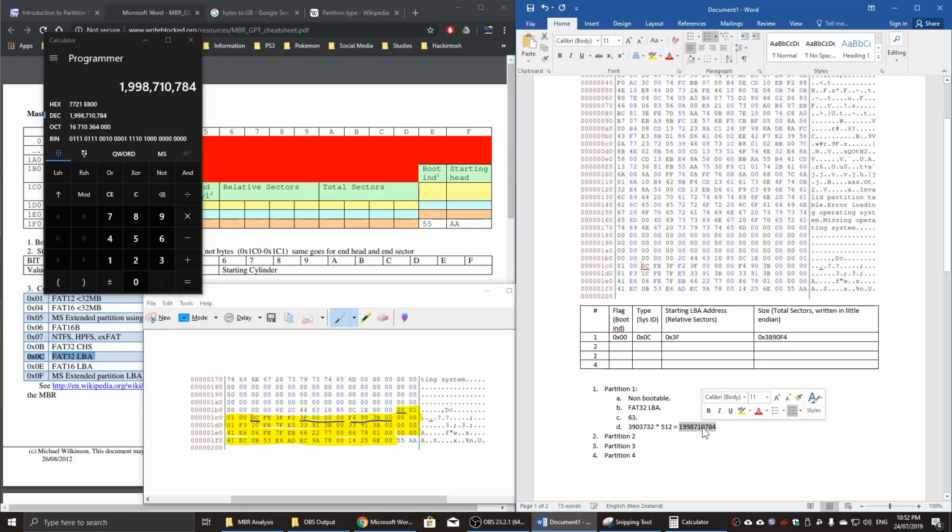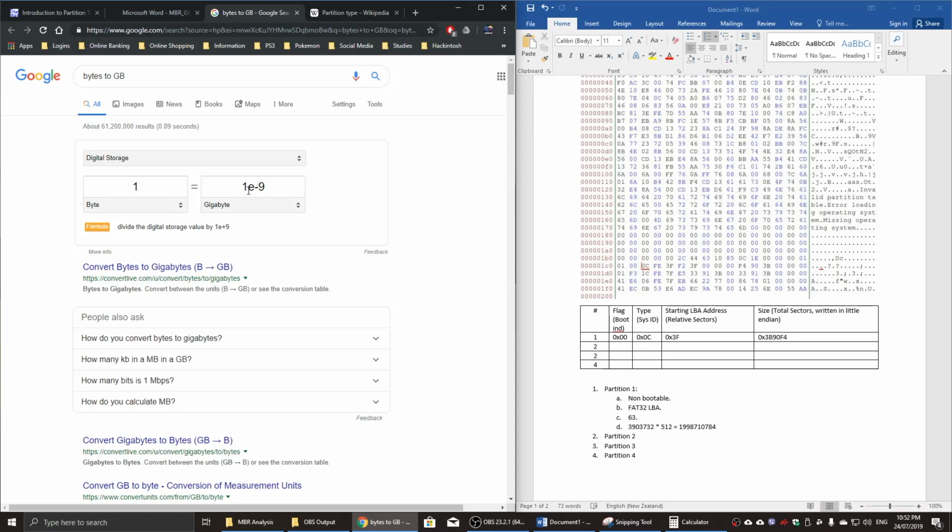So we can use something like the Google calculator, which converts bytes to gigabytes. Make sure it's not gibibytes, that's a different measurement. Paste that value, and you can see that it's roughly 2 gigabytes, that particular partition. So that's the first partition done.